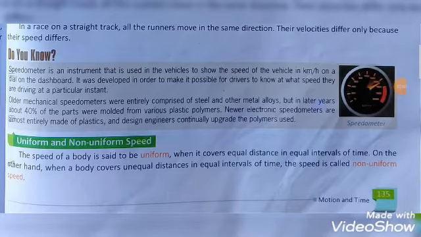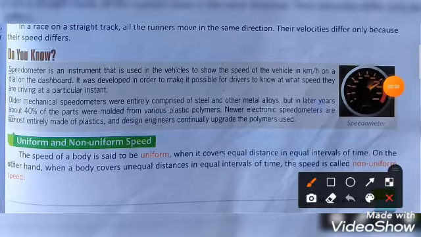Now let's see uniform and non-uniform speed. The speed of a body is said to be uniform when it covers equal distances in equal intervals of time. So for example, the distance between your home and school is 50 meters.